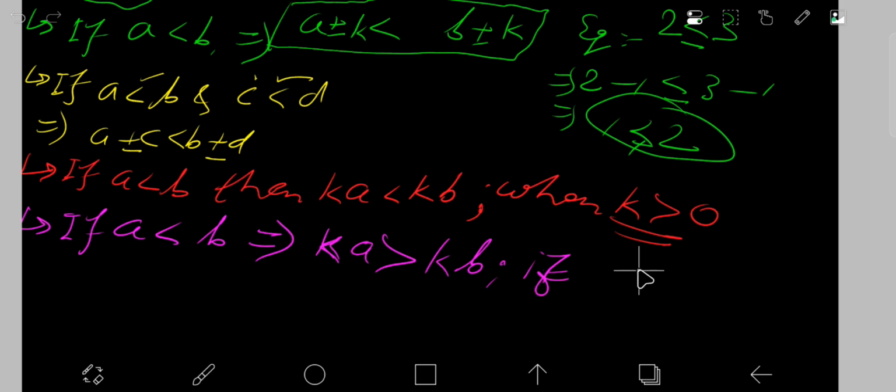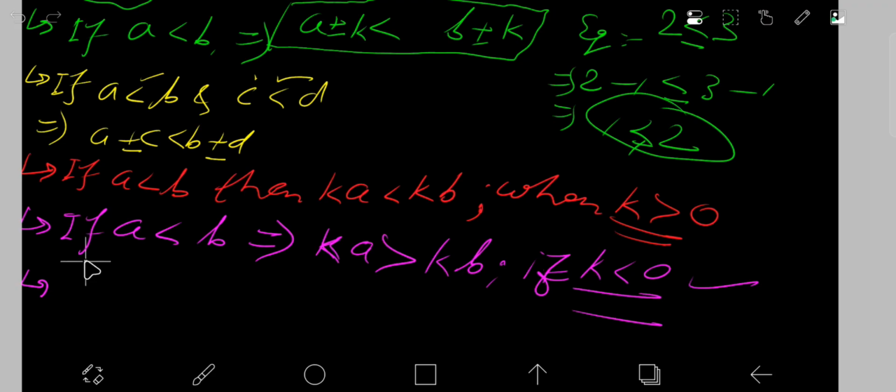That means when we multiply by any negative number, the inequality sign changes. So k is less than 0, meaning k is negative. If an inequality is multiplied by a negative quantity on both sides, the sign of the inequality changes.